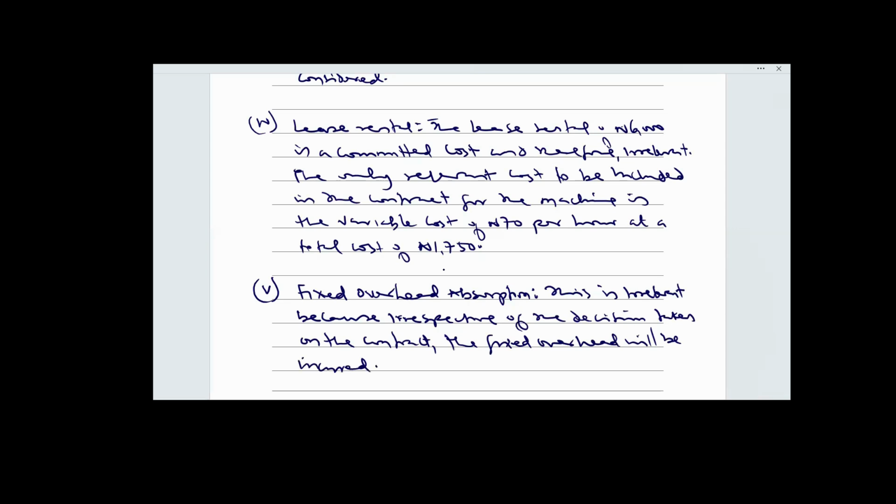Okay, it's a mere distribution of costs. It's not a cash flow, so it's not relevant.